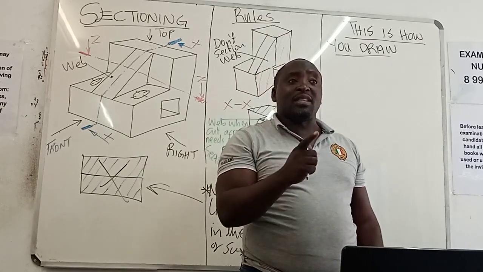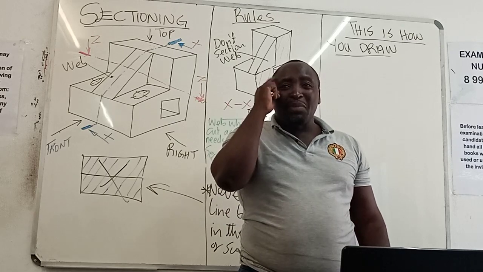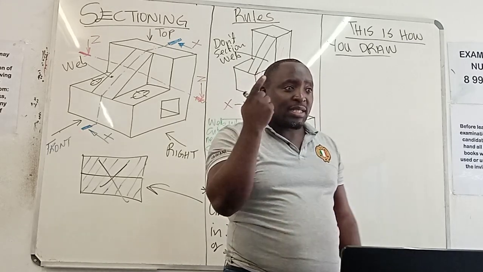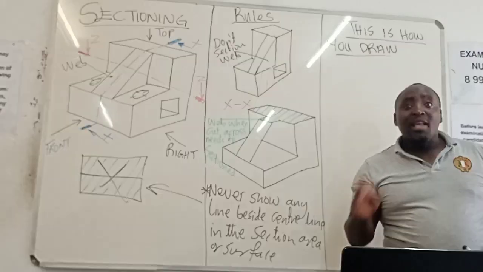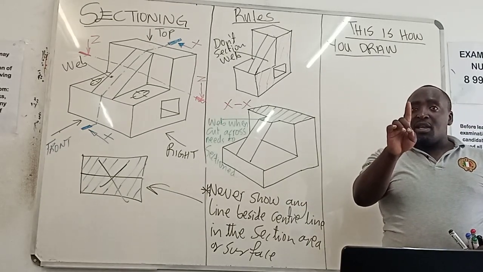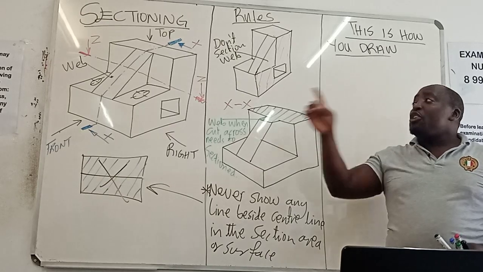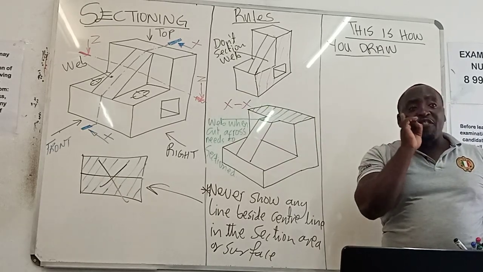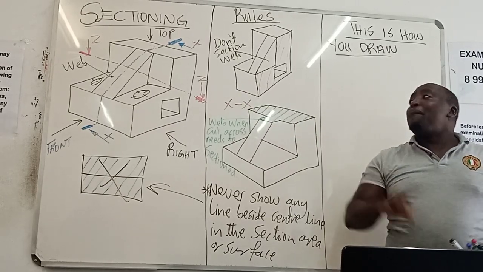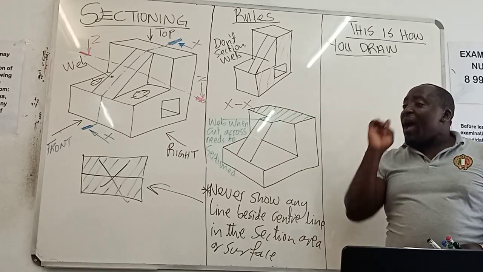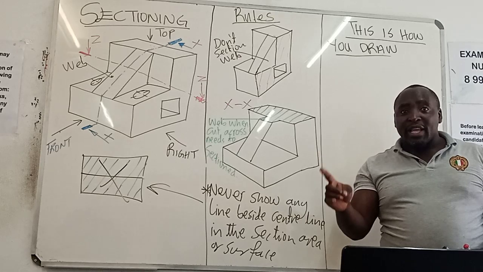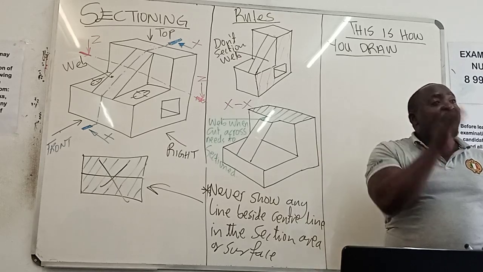We already discussed this. The symbols must be ringing in your mind. That is the first thing. Then after that, you need to show the front view where it's supposed to be before any other view. The front view is like a parent view.